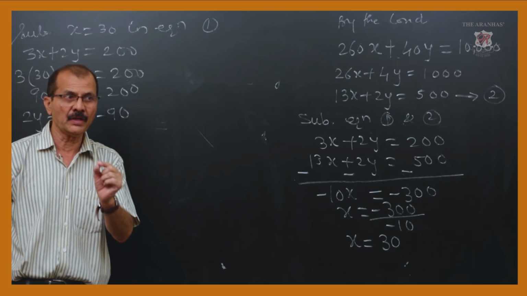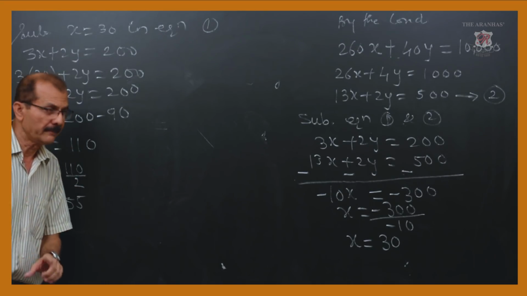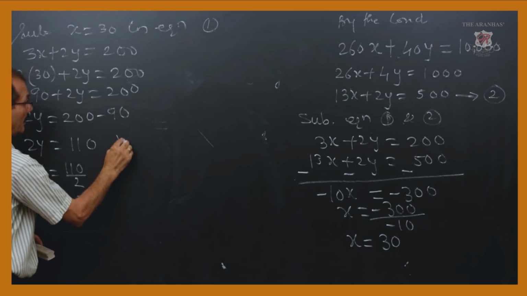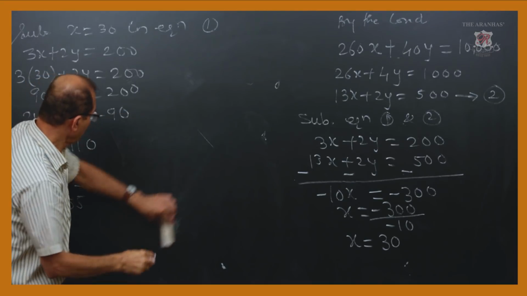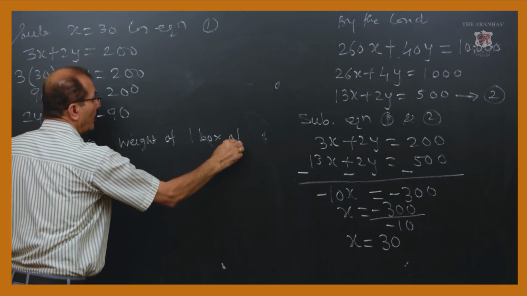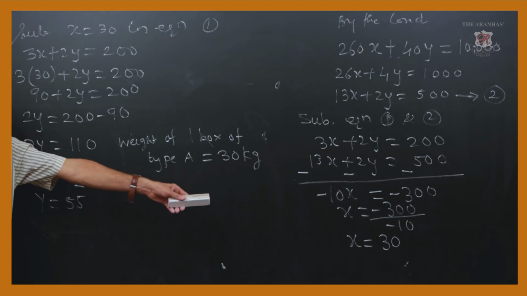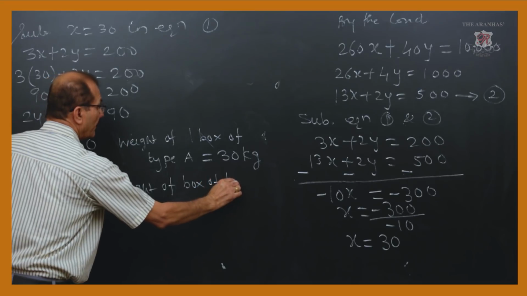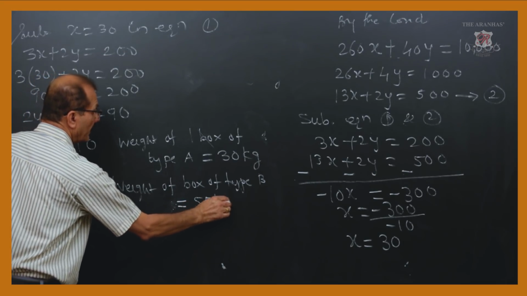My x is the weight of one box of type A, and my y is the weight of one box of type B. So, weight of one box of type A is equals to 30 kg, because x is 30 kg, and weight of box of type B is equals to 55 kg.